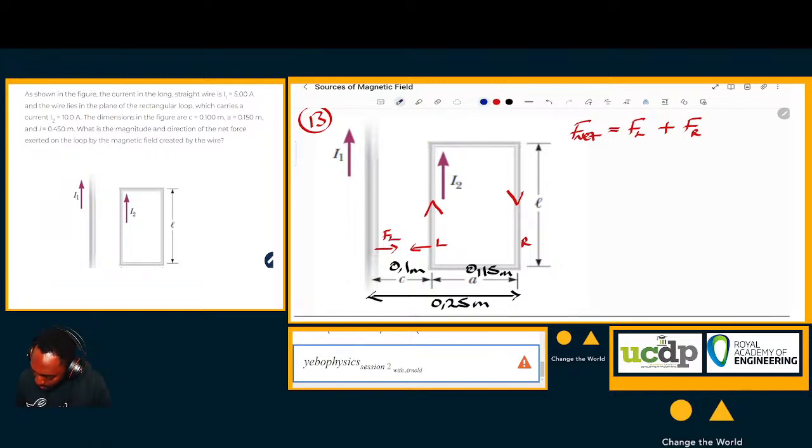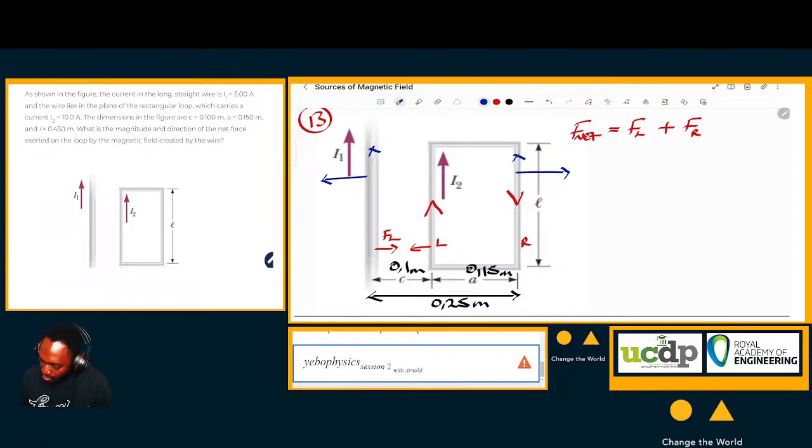Then if we consider the straight conductor again and the right side of the loop, we see that the current is moving in the opposite direction, so we expect a repulsion. This should move to this side, and this should move to this side.